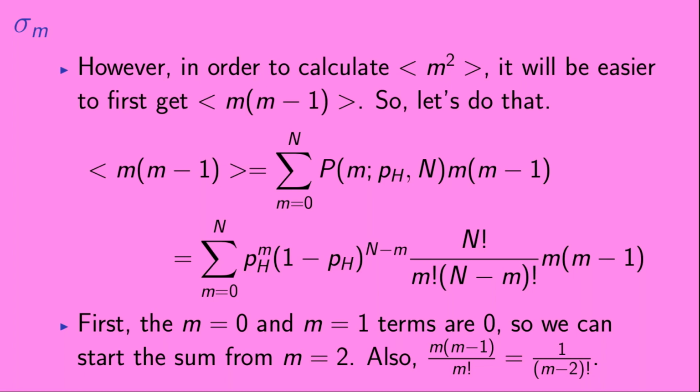So first, the m equals 0 and m equals 1 terms are 0. So we can start the sum from m equals 2. And also we can use the fact that m times m minus 1 over m factorial is equal to 1 over m minus 2 factorial.